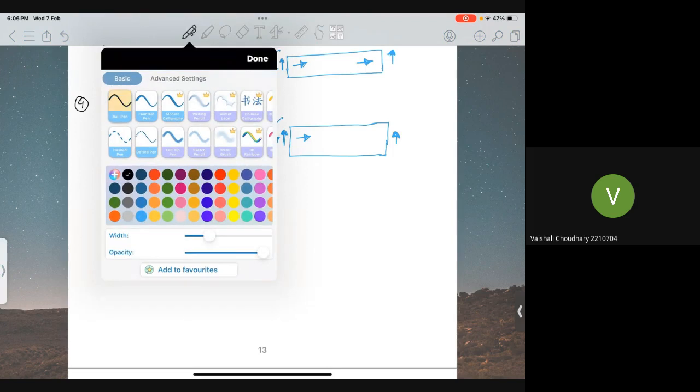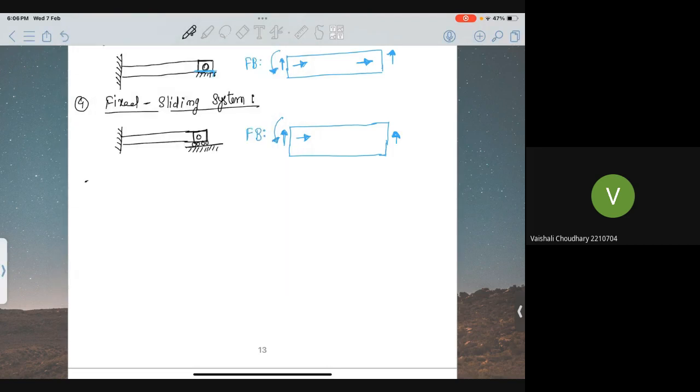Now we'll move to the other system, which is again a fixed sliding system.